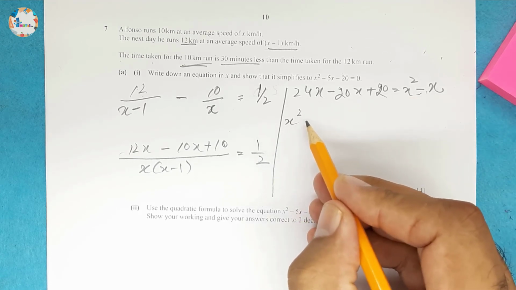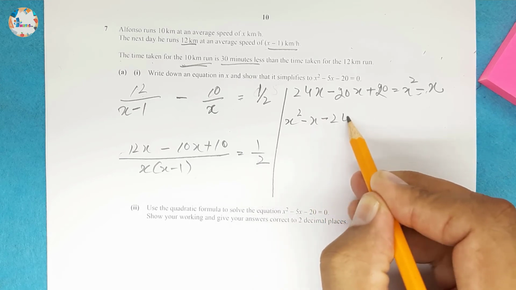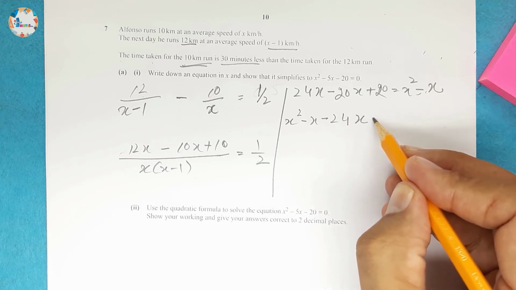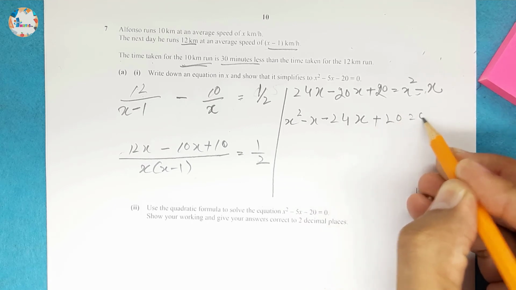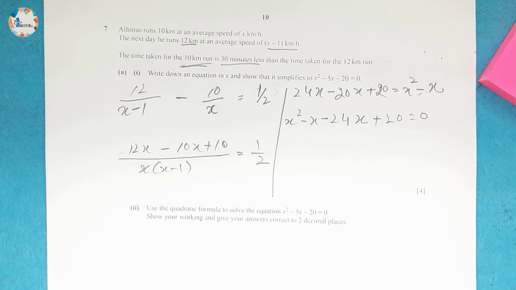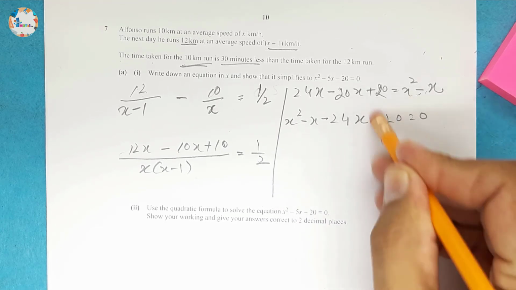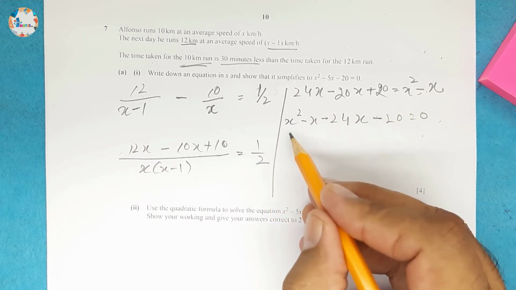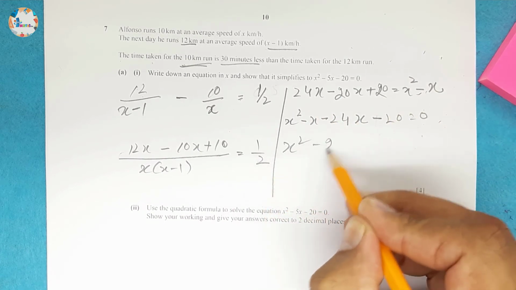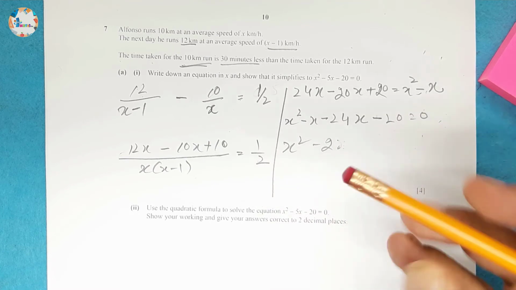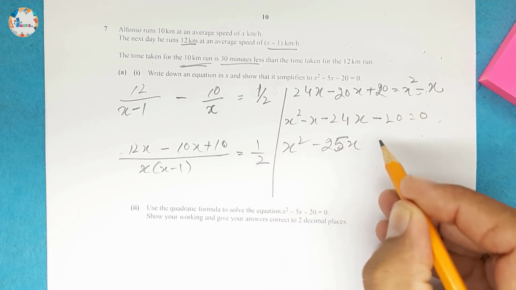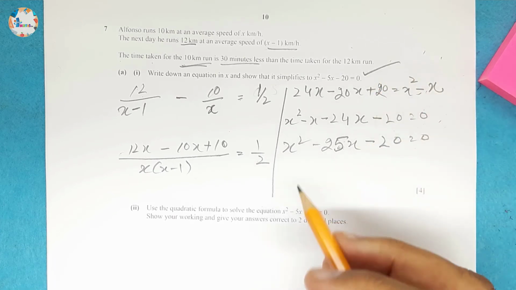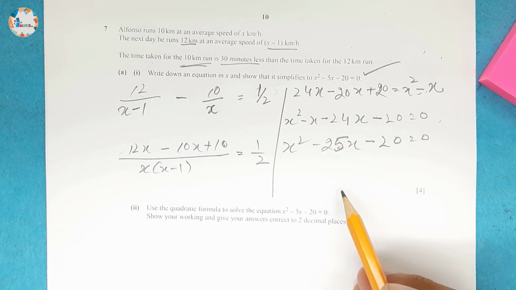So it will be x squared minus x minus 24x, and this will be minus 20 is equal to 0, because when we shift everything to this side it will be minus. So now x squared minus 25x minus 20 is equal to 0, which is basically the same equation which we were supposed to find.